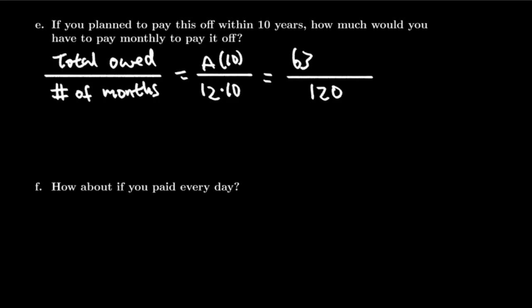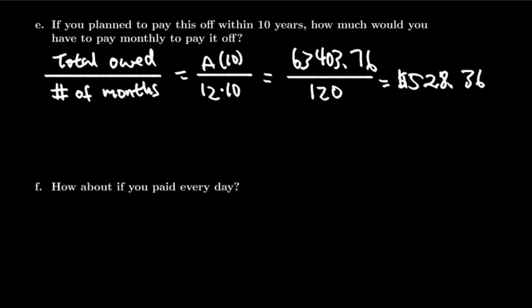So if we do that and we divide that whole thing by 120, what we get is $528.36 per month. Okay, so that's how much you'd have to pay monthly in order to pay off something like this.